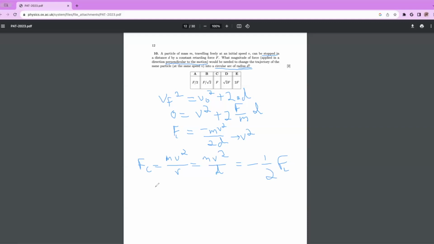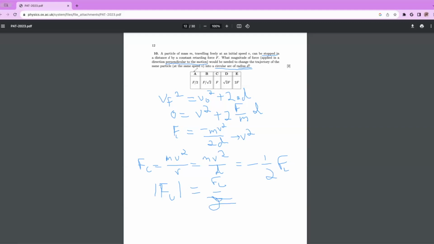But we want the magnitude, which means the magnitude of F centripetal is just equal to F linear over 2. That is horrible too. That's supposed to say 2.